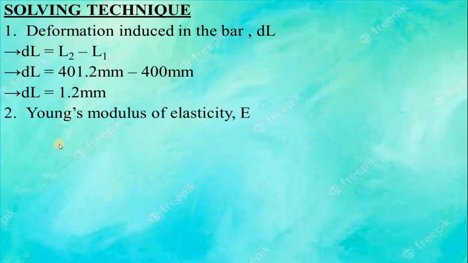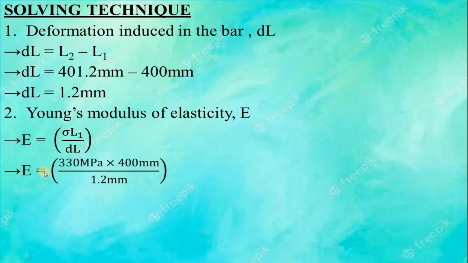Now we will find the value of Young's modulus of the bar, which is taken as E. The formula for finding the value of Young's modulus is E is equal to sigma L1 divided by dl. In this formula we know the values of sigma, L1 and dl, so just substitute the values. The next step will be E is equal to 330 megapascal into 400 mm whole divided by 1.2 mm.